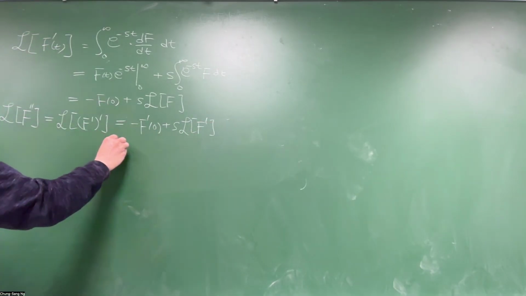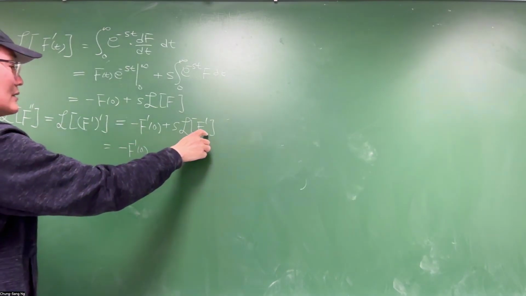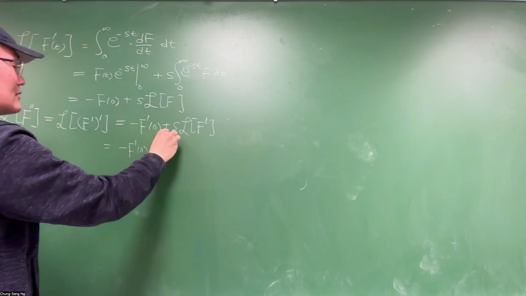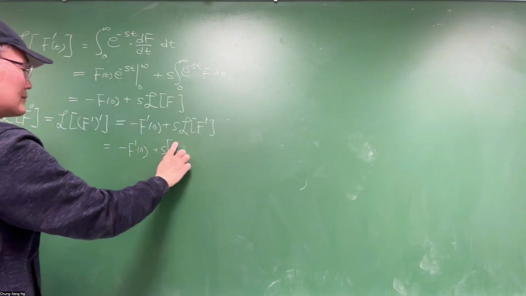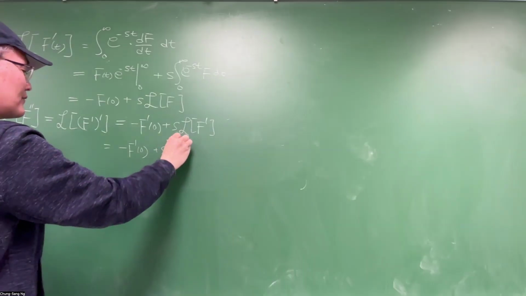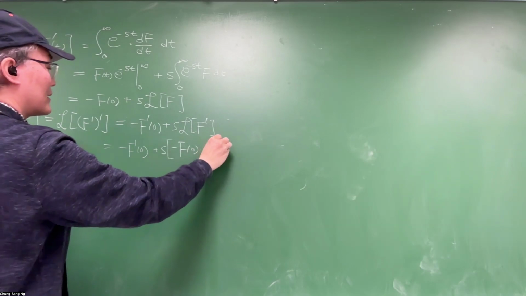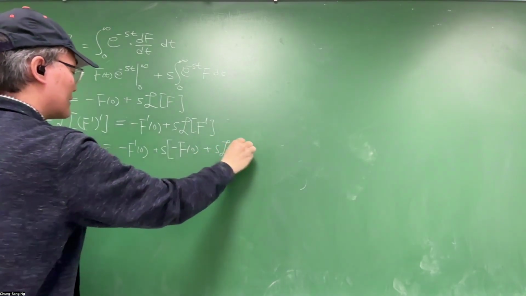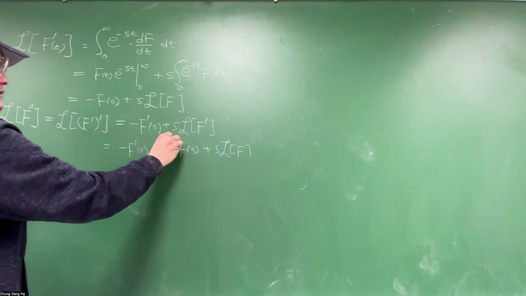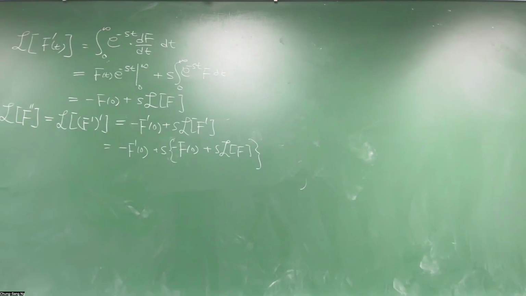So you can write it down: minus f prime(0) and plus s times the bracket of s times the Laplace transform of f minus f(0). Yeah, is that okay?